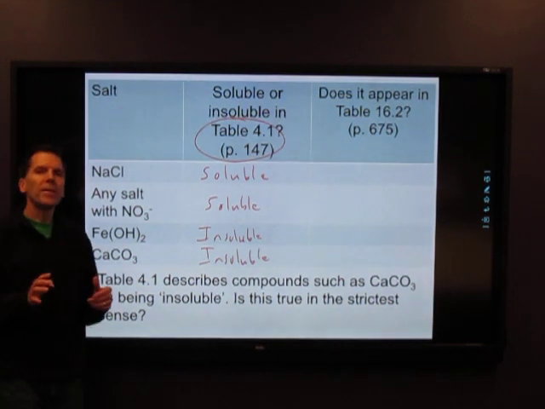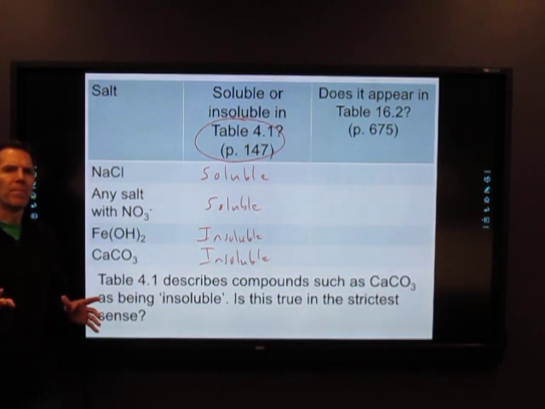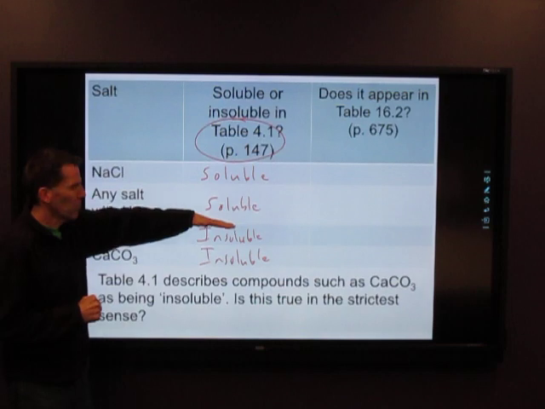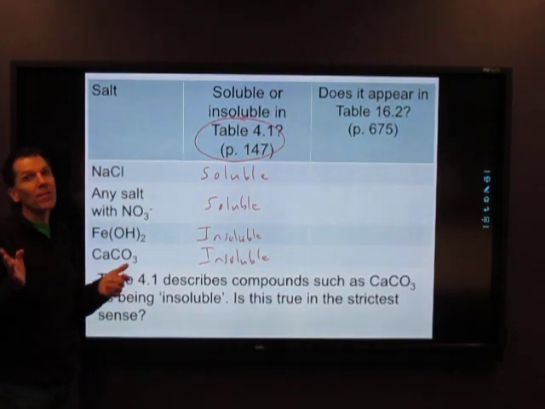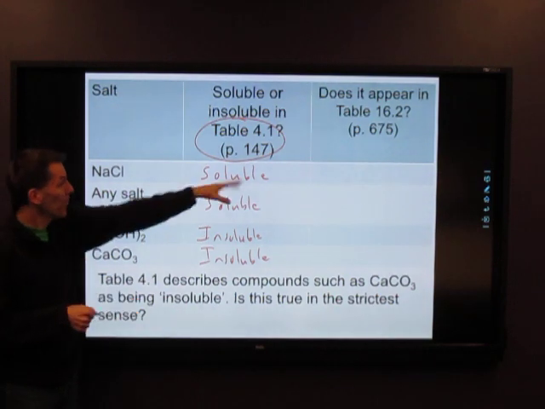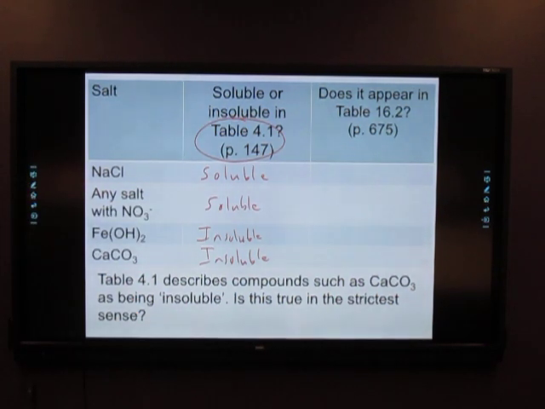And so back in Chem 1, we treated this as a yes or no question. We said these kind were soluble, these were insoluble. I'm going to fill in this far right column for you. We're actually going to see this chapter.